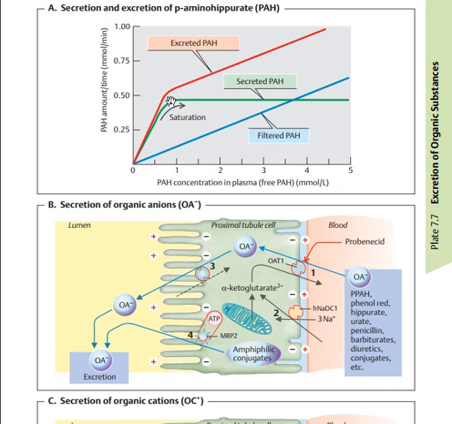This is why para-aminohippurate is much more secreted than it is filtered. The body does not tolerate the presence of para-aminohippurate and even certain drugs inside the body. So this is why it's going to produce a resultant graph, as shown here in red.